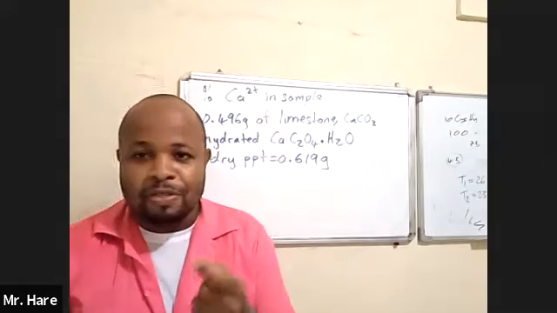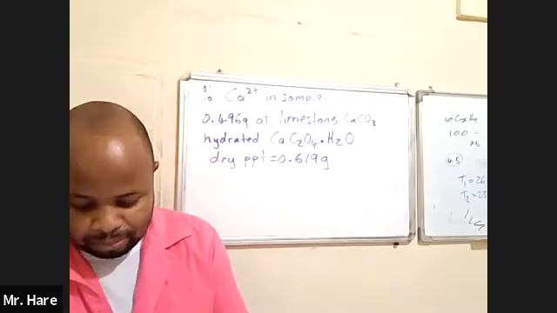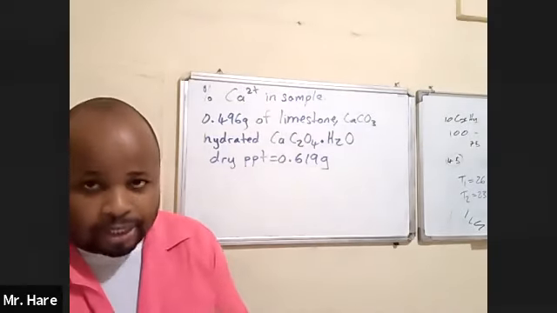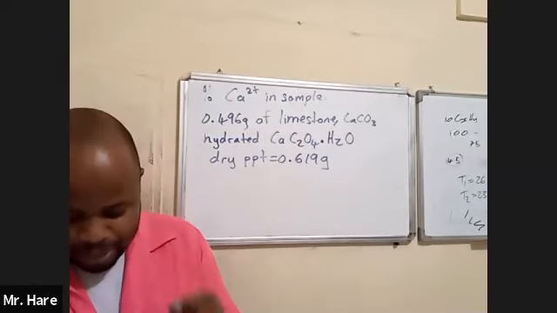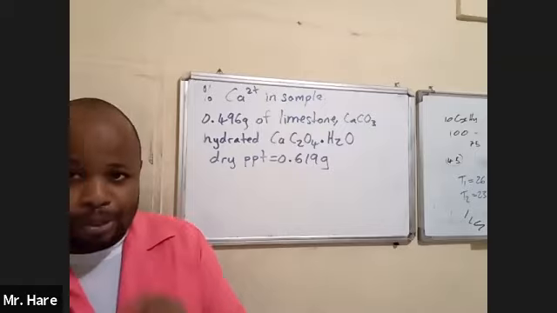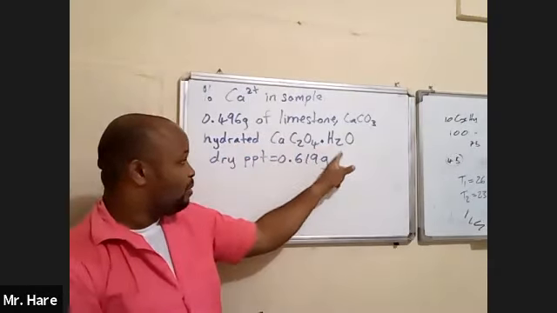Are they asking for the precipitation reaction? What do you think they're asking us for? Write the equation for the formation of dry calcium oxalate precipitate. Here it says hydrated calcium oxalate.